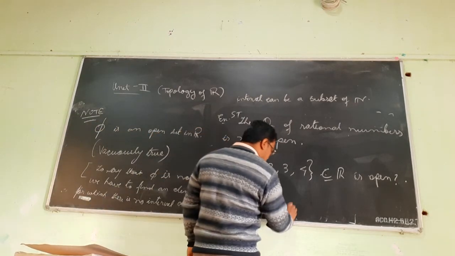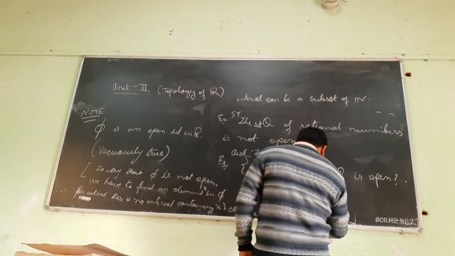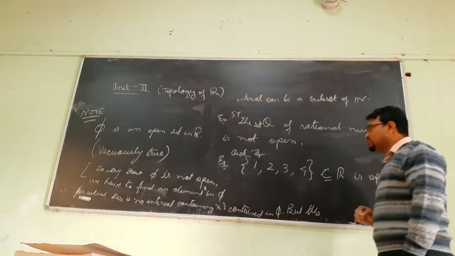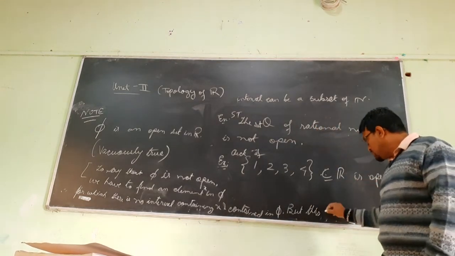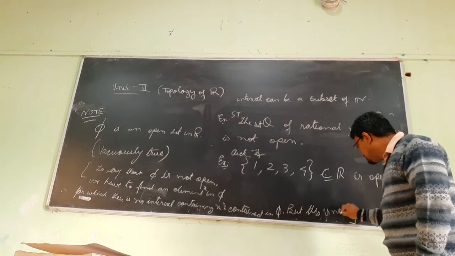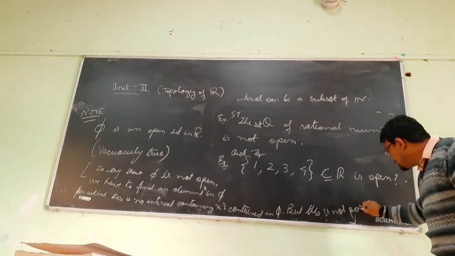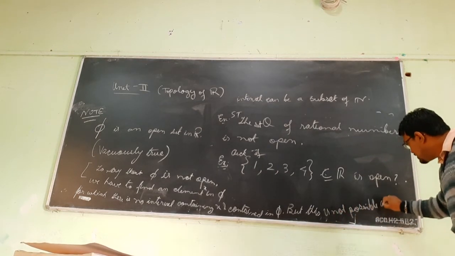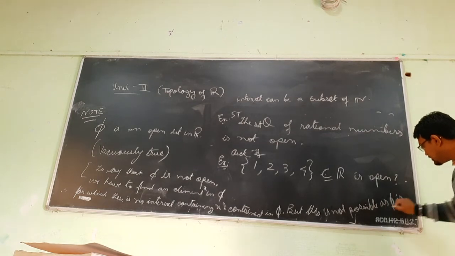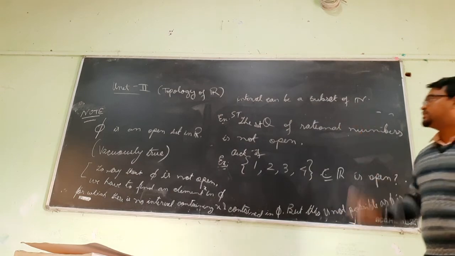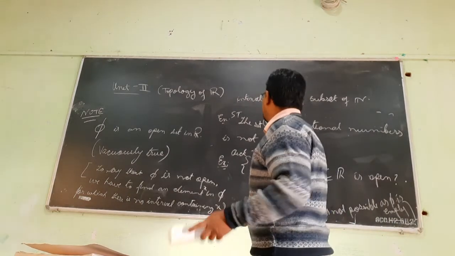Okay. But this is not possible, as phi is an empty set. So I cannot find such an element. This is not possible as phi is empty. Okay, so we have to agree that phi is an open set.